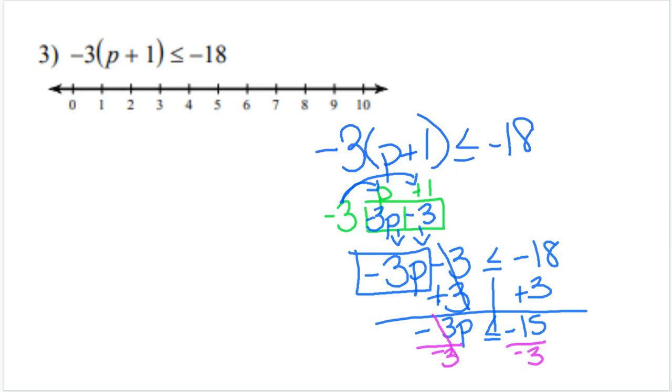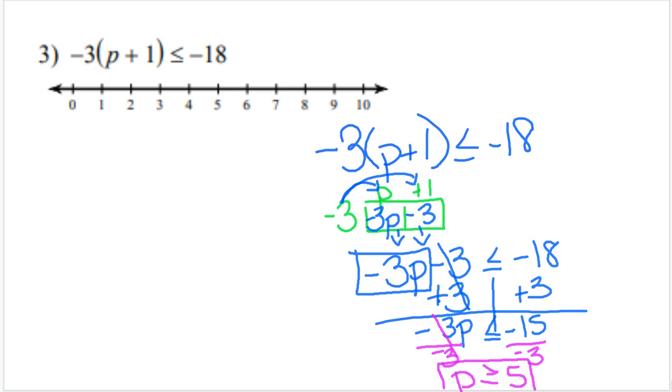So this would give me 1, which would make me bring down the p. I would flip my sign, and -15 divided by -3 would give me +5. So my answer is p is greater than or equal to +5.